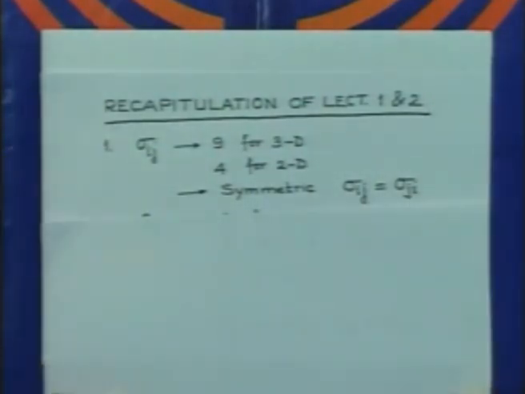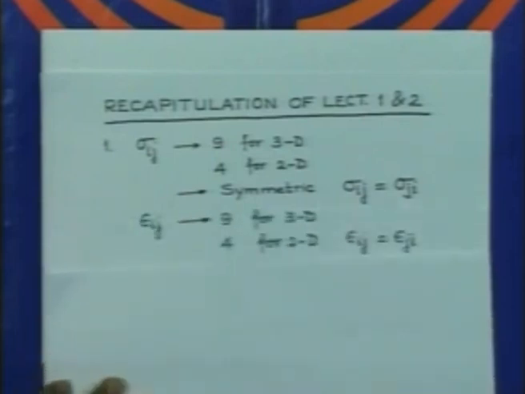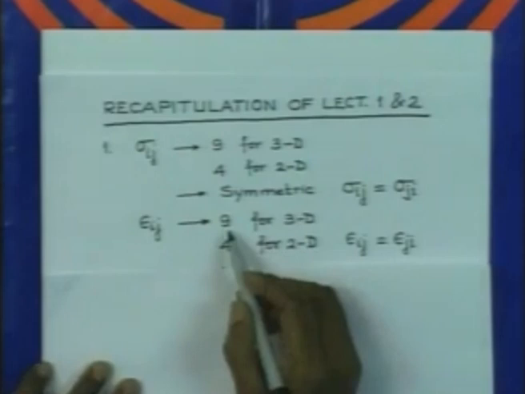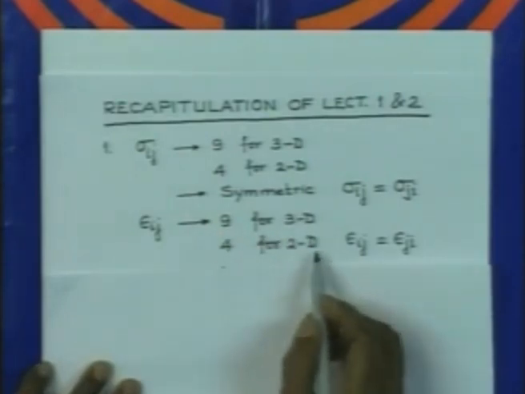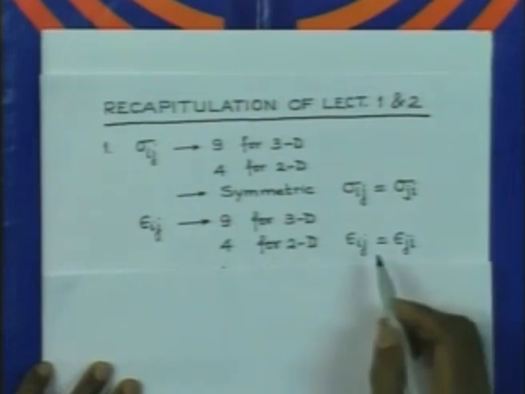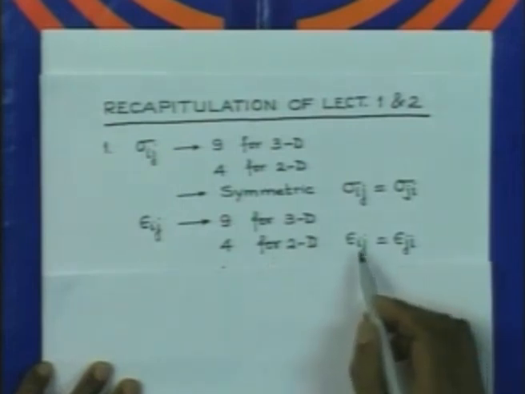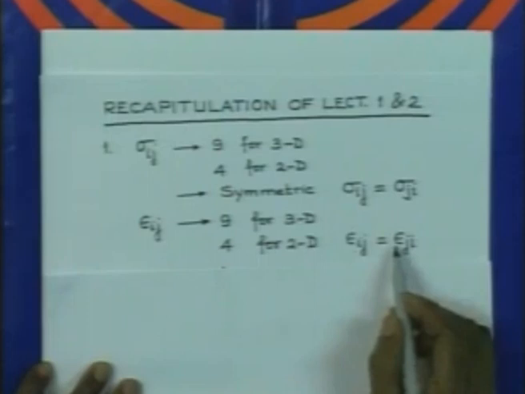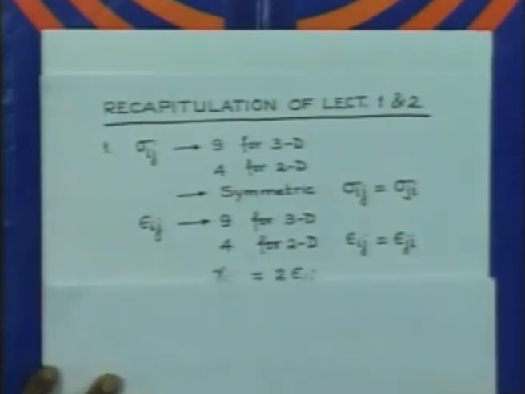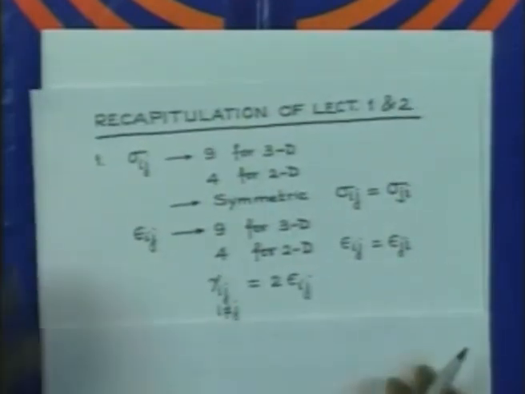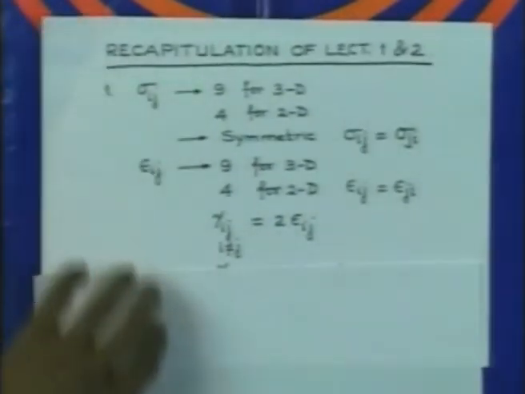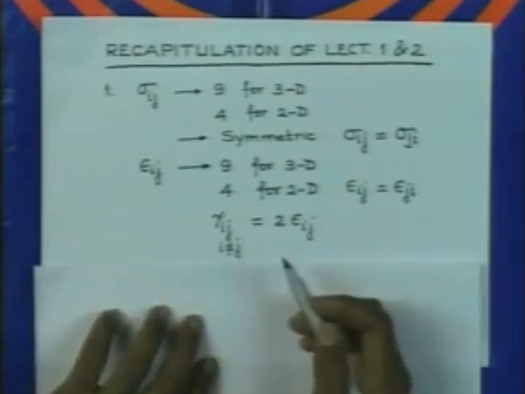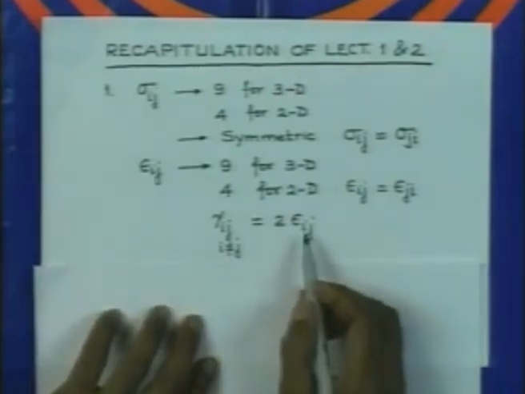Similarly, we have introduced the strain tensor, which is also a tensor having 9 components for 3 dimensions and 4 components for 2 dimensions. It is also a symmetric tensor, therefore epsilon ij equal to epsilon ji. We have also seen that there is a difference between engineering shear strain and tensor shear strain.